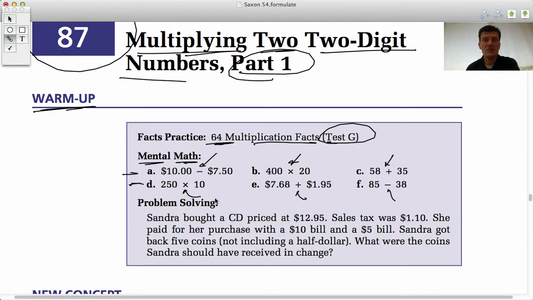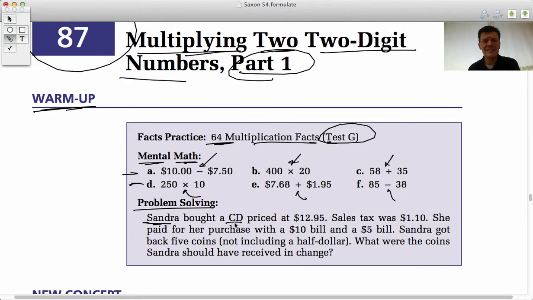Math would be so much easier if you can master those, master estimating, master the simple operations, because you will use them through all the rest of the levels of math as you move forward.